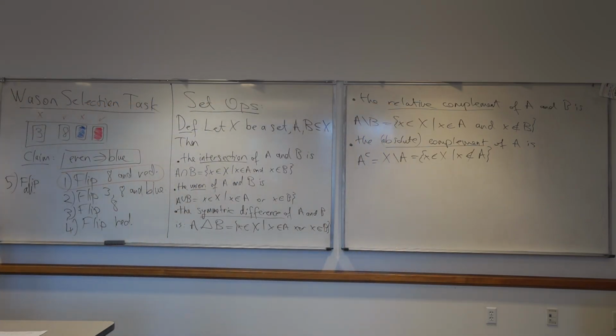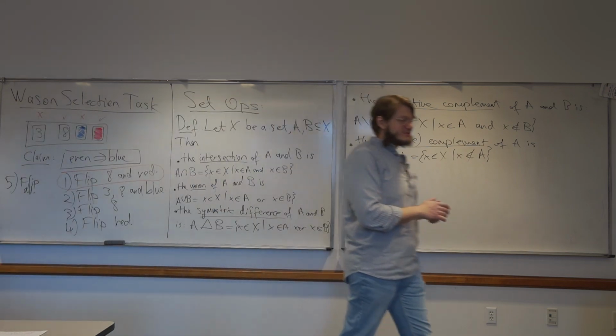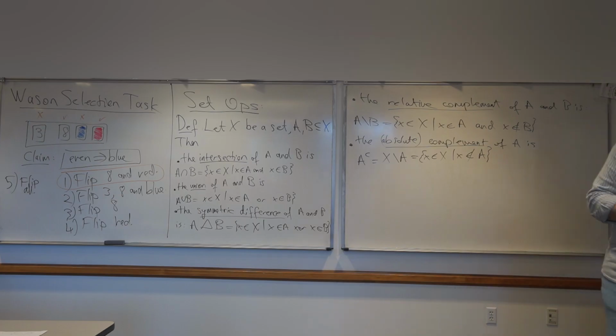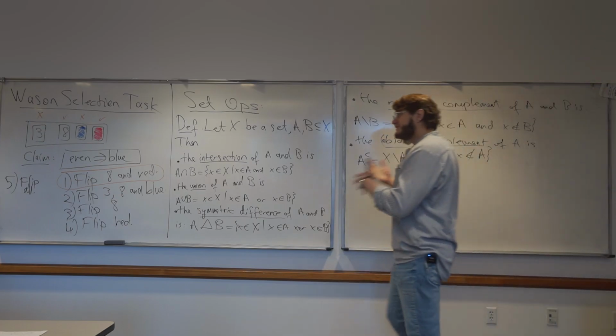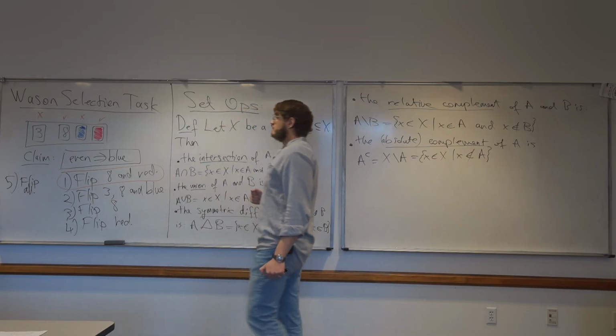I'll let you think a little bit about this. But later this week, we're going to start talking about different methods of proof. There are certain well-established and accepted methods of proof associated to this logic system.